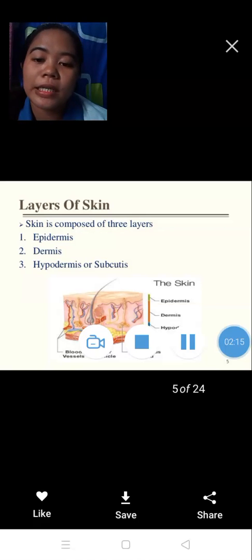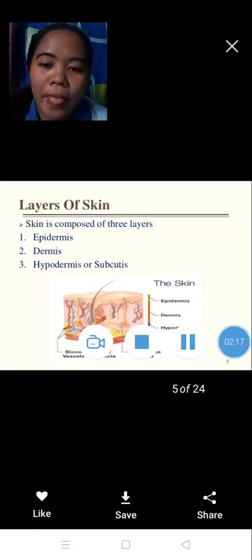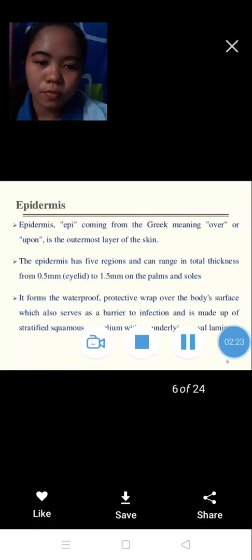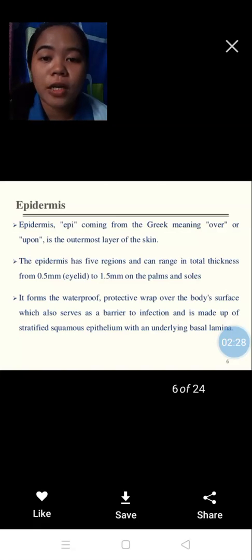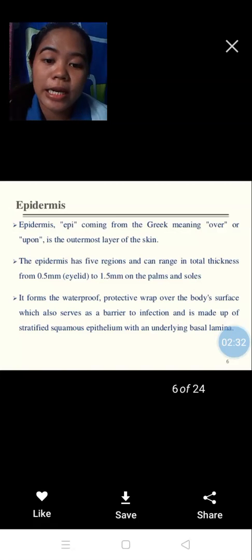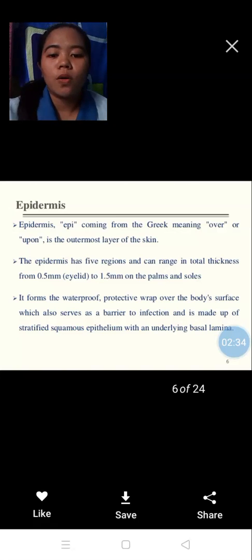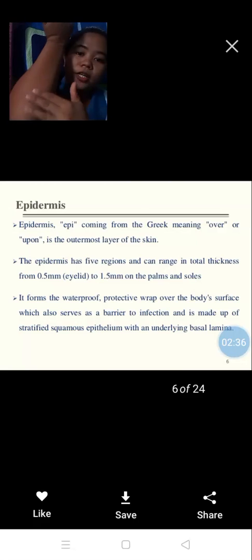So, we have 3 layers of skin: epidermis, dermis, and hypodermis or subcutis. When we say epidermis, the epi comes from the Greek meaning over or upon, and it is the outermost layer of the skin.